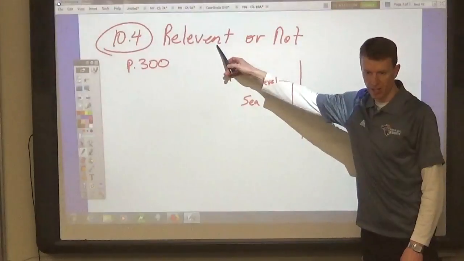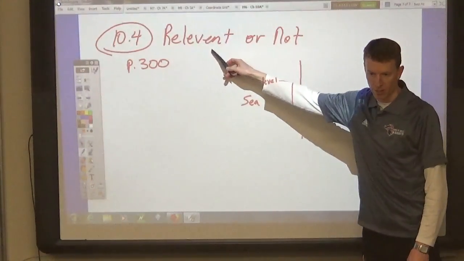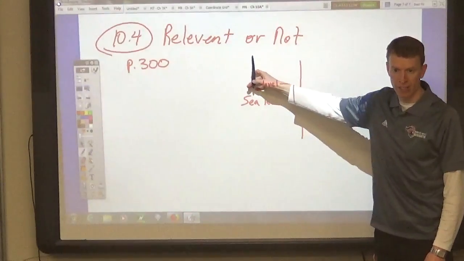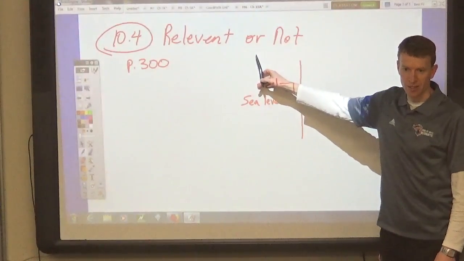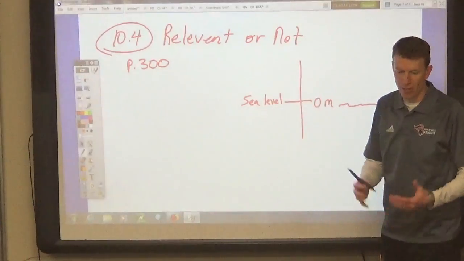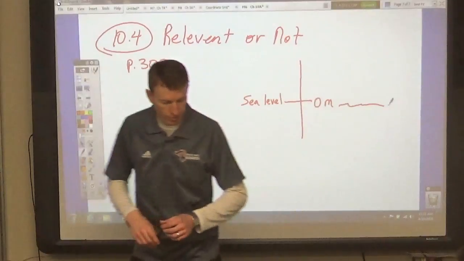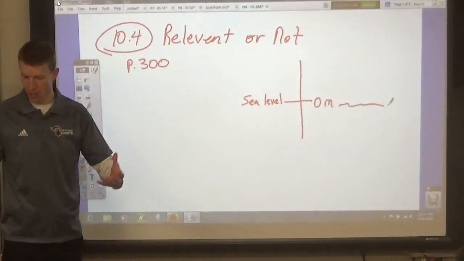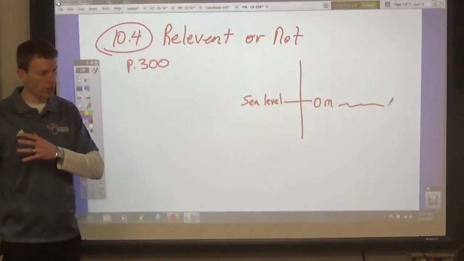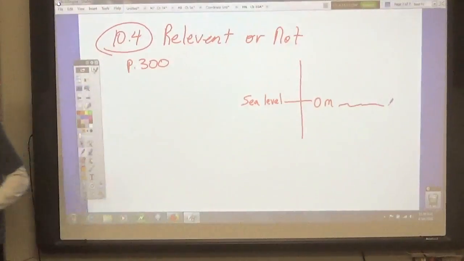Yeah, the number for Amsterdam and the number for New Orleans. Which is not relevant to the problem? The elevation of Death Valley. Right, the elevation of Death Valley. We don't need to know that to answer the question that's being asked. So that's an example of given information: you have to sort out the information and tell what's relevant and what's not relevant to answering the question.